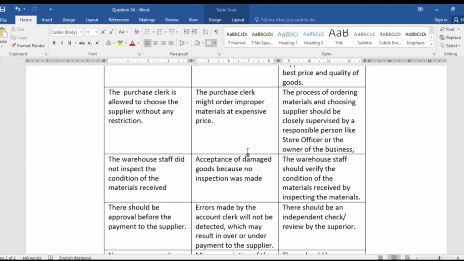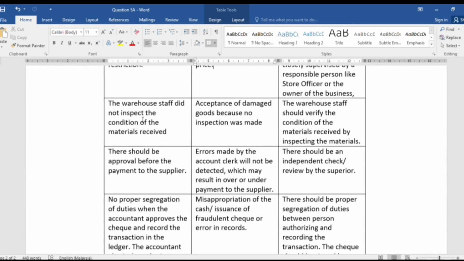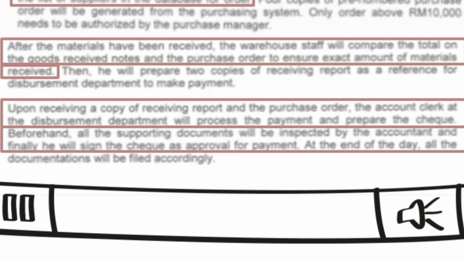Okay, the third weakness is the warehouse staff did not inspect the condition of the material received. I got this from: after the material has been received, the warehouse staff will compare the total on the goods received notes and the purchase order to ensure the exact amount of materials received.